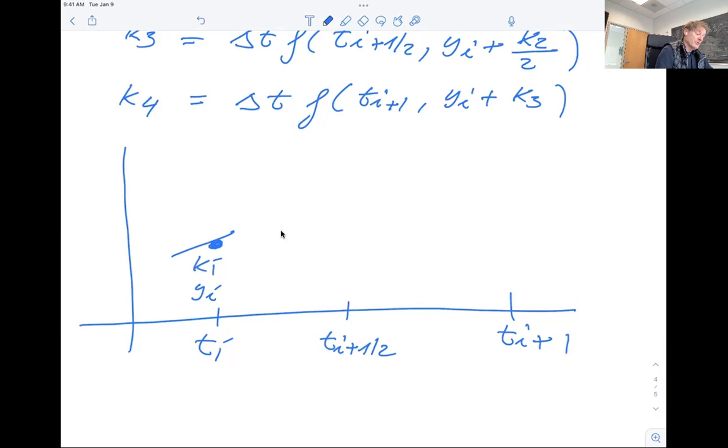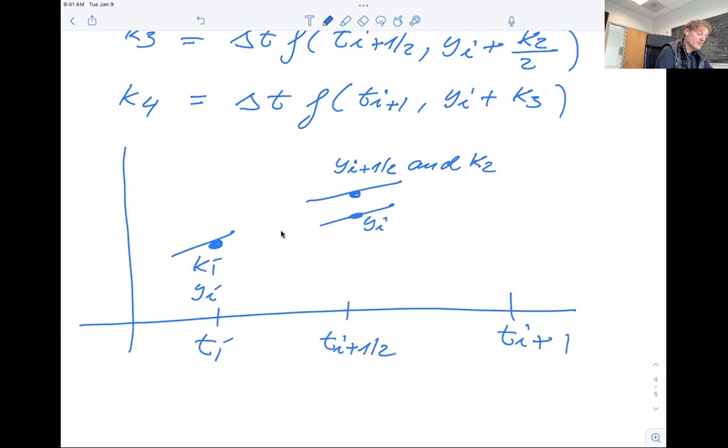Now, the first thing we do is to make a prediction for y of i plus 1/2. And we also calculate this quantity, which we call k2. So this gives us a new slope. And then we use this slope again to correct the value for y of i.